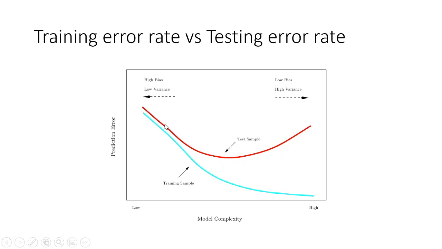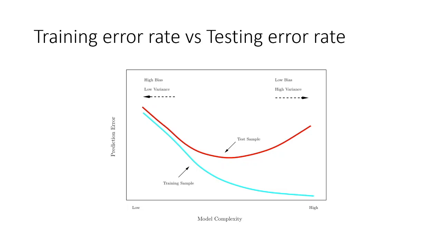if you use this model, which is fitted on the training data sets, on a testing sample, which is new data, at first the error will go down, but as the model complexity increases, you can see that the prediction error also increases.